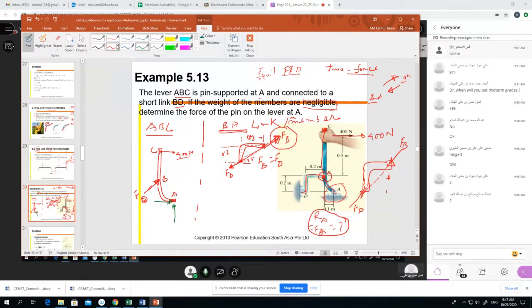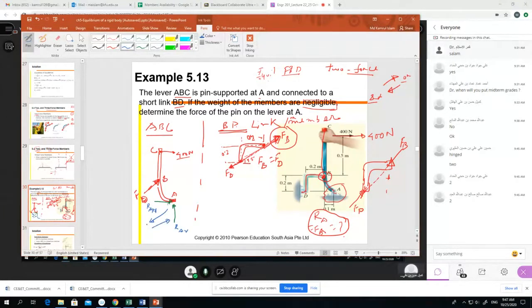Now tell me one thing. If I assume like this, suppose I write down this is RAH, and this is RAB. Now the resultant force of these two will be like this or like this.